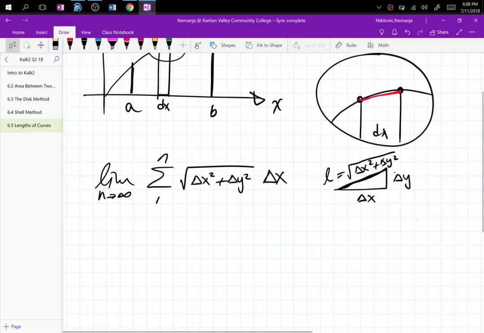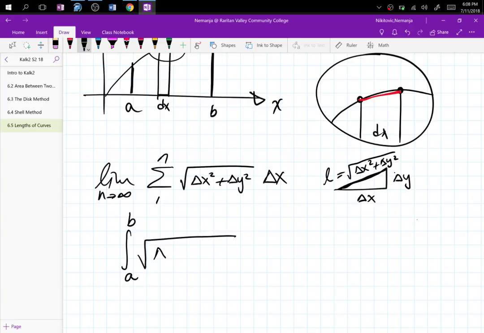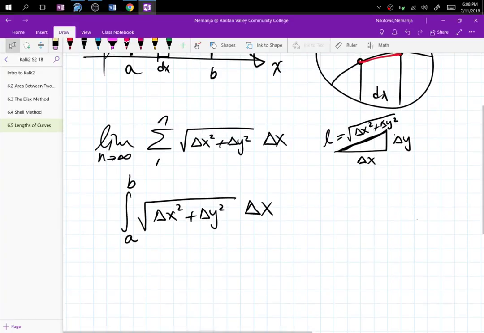Now this is the Riemann sum form, so this can be easily converted into the integral from a to b of the square root of delta x squared plus delta y squared delta x. So now, what am I going to do? What do I do with all of this?